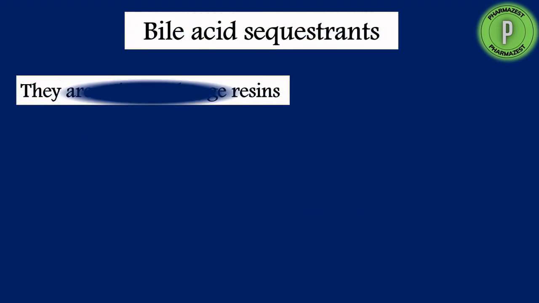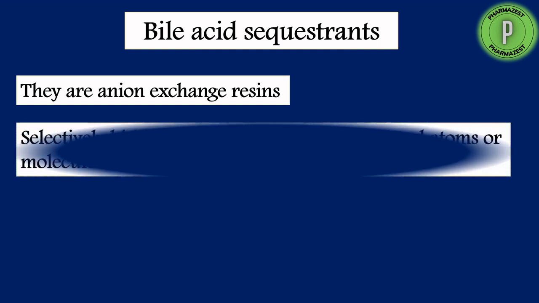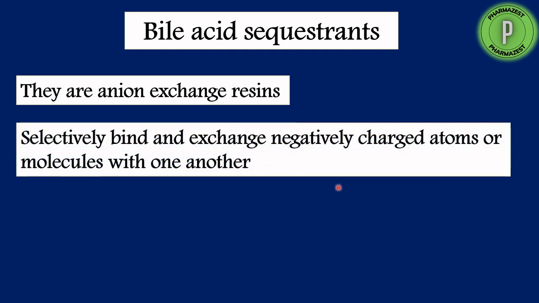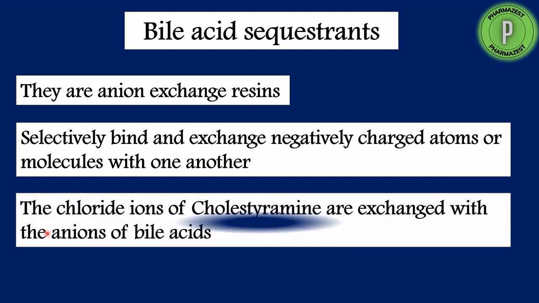Next we have bile acid sequestrants. These bile acid sequestrants are anion exchange resins. They selectively bind and exchange negatively charged atoms or molecules with one another. For example, we have a drug known as cholestyramine. In cholestyramine, chloride ions are present. The chloride ions present in the cholestyramine are exchanged with the anions of the bile acids.